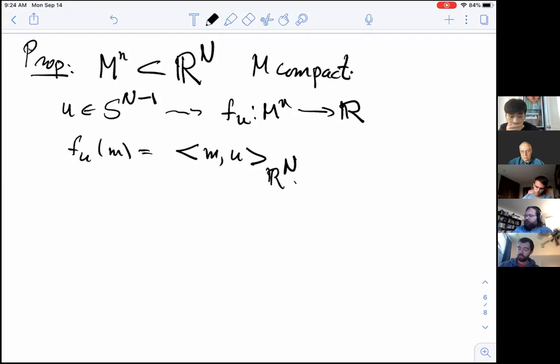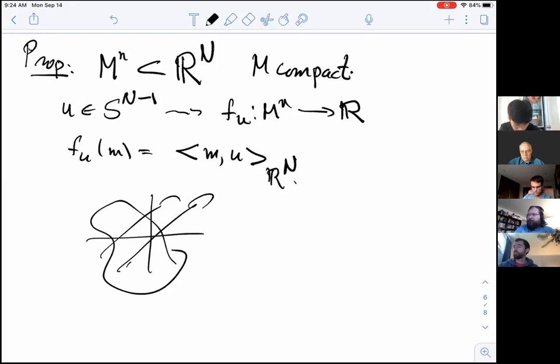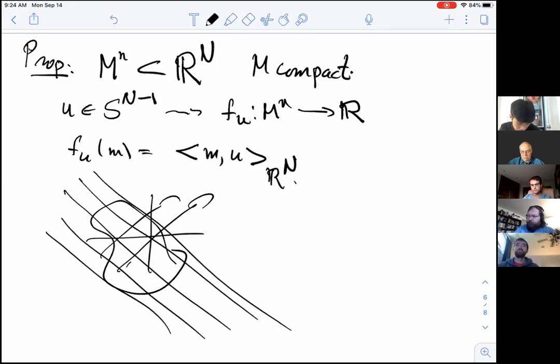So you have some Euclidean space, you have a direction, and then a manifold, and you're just restricting. The level sets of this function are simply the intersection of the coordinate hyperplanes perpendicular to the direction with the manifold.